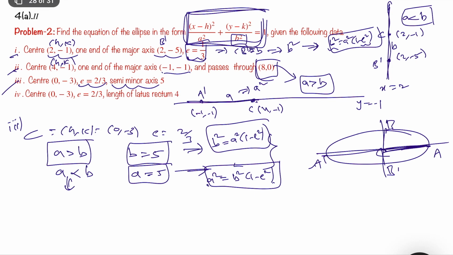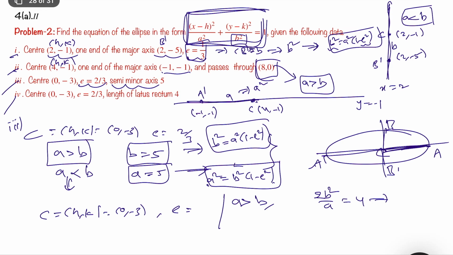Okay, fine. And in the fourth question, again the center h comma k is given as 0 comma minus 3, and eccentricity e is given, and the length of the latus rectum. There are two cases again. If we consider the a greater than b case, then 2b square by a is given as 4.